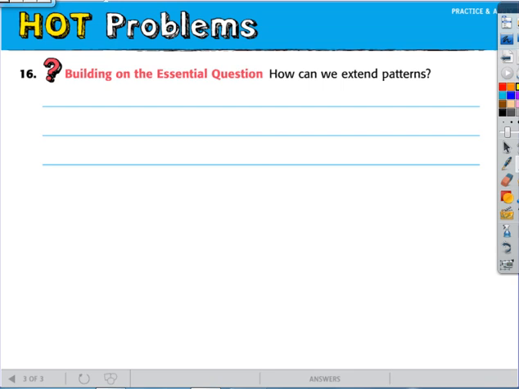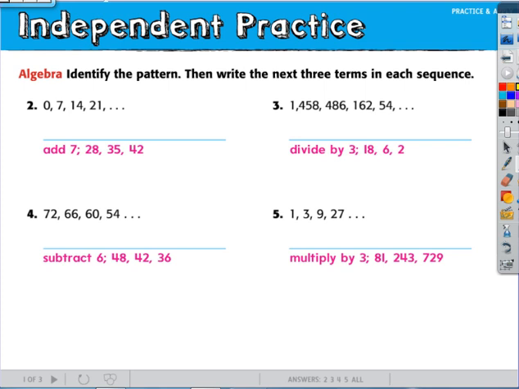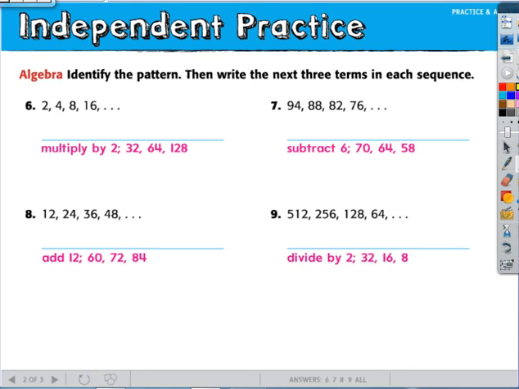Our video does not stop here. If you would like to, when you get home, you are going to be able to log on and our answers are following. So if you use this video to find your answers, which are now running through, you must show your work and tell us how you identified the pattern and what the next 3 terms are in each sequence.